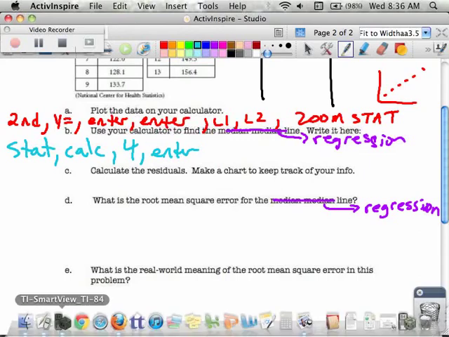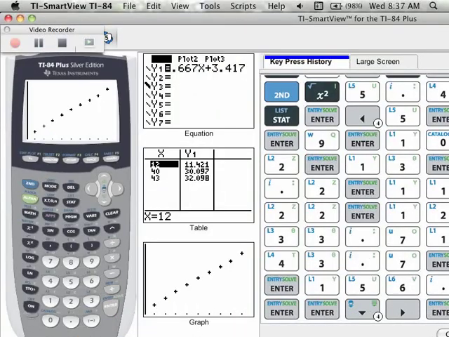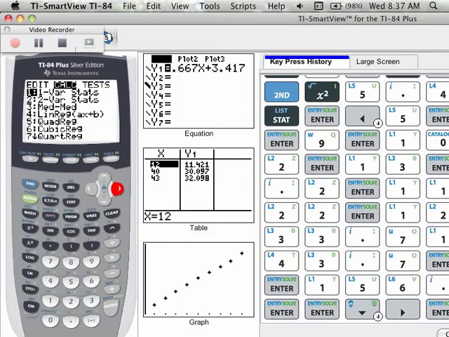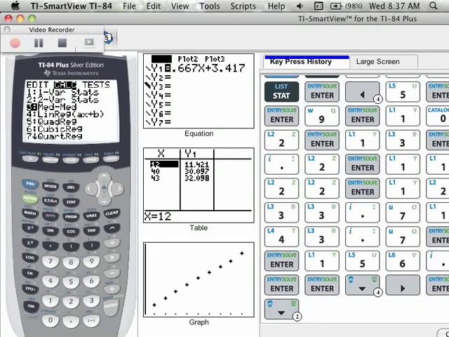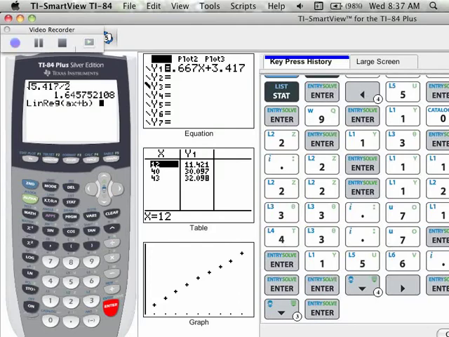So I go into my calculator, stat, calc, number 4, we're not using the median, we're going to do the linear regression, enter, oh, look, I actually have to do it one more time, enter. And here's my regression line.